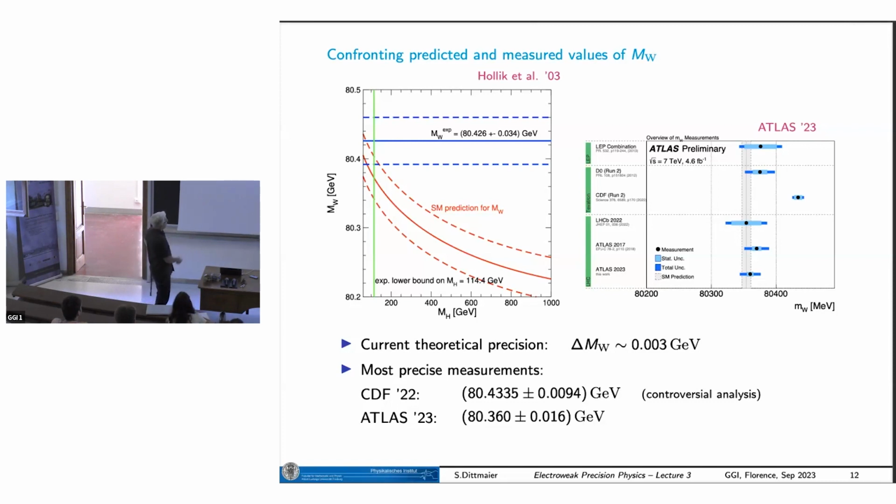So nowadays, we have the situation as follows. The full standard model fit, including the knowledge of the Higgs mass, is producing this gray band here. And in blue here you see plenty of W boson mass measurements that are compatible with this. And actually they contribute to this fit here, apart from one result here, and this is from last year, this famous CDF determination with the smallest single error on the W boson mass.